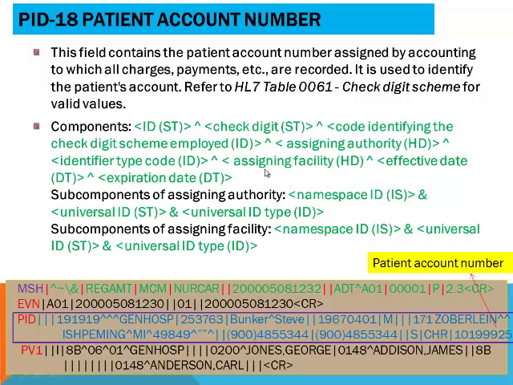Also we have some assigning facility. They also have their own subcomponents. We also showed this in previous slides. Also assigning authority. This also has some subcomponents here. But for here we just have a simple number. There is no other information about the assigning facility and the assigning authority and so on.